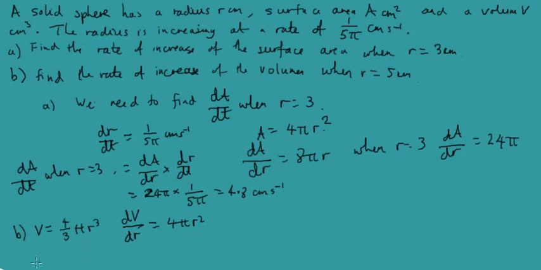Now, when r is 5, dV by dr is going to be 4 times pi times 5 squared, which gives us 100 pi.